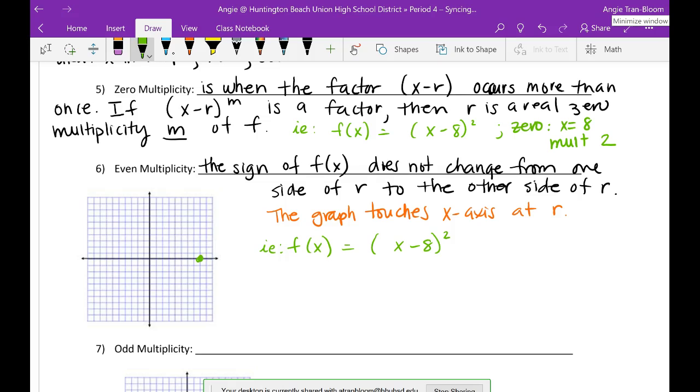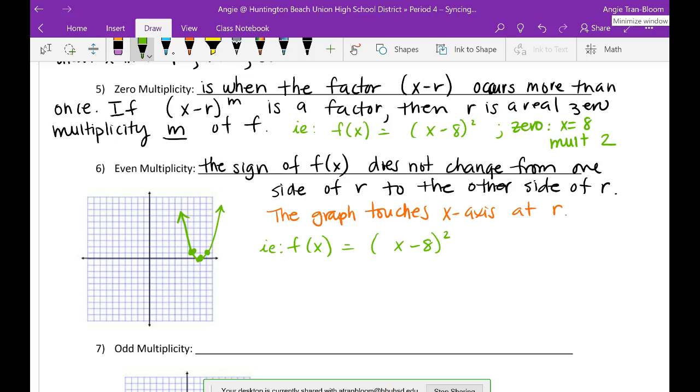Then I'm just gonna need a couple more points. Okay, when x is 9, 9 minus 8 is 1. 1 squared is 1, right? Because parabolas are symmetrical, so would you agree that I'm just gonna plug a dot on that side as well? So this is what it looks like for y equals x minus 8 quantity squared.